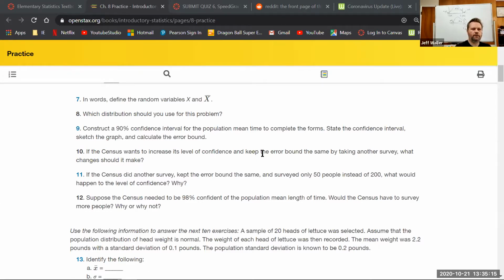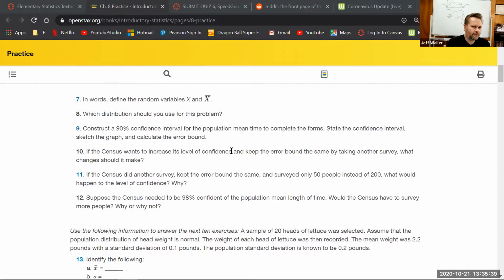You can look at them from a purely mathematical standpoint if you want to. So these questions here, right? If the census wants to increase its level of confidence and keep the error bound the same by taking another survey, what change should it make? So it wants to keep the error the same, but increase how confident they are.